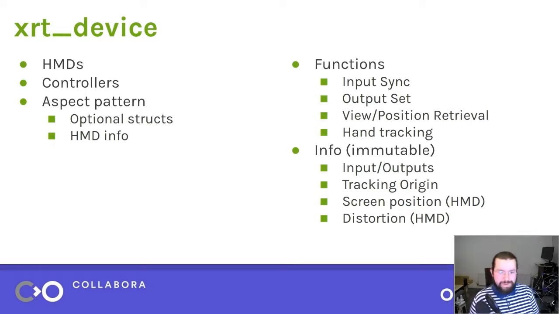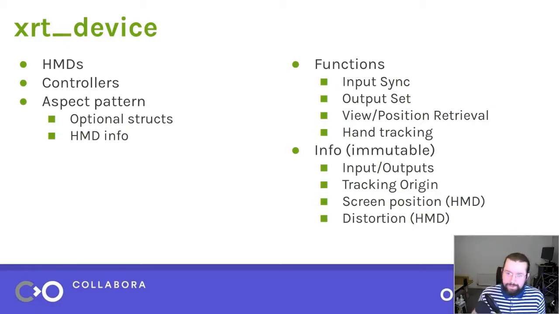It uses more of an aspect pattern instead of the regular inheritance model like you would expect from Java. So a device can be an HMD and also have inputs. It could have hand tracking and be an HMD, or it doesn't have to be an HMD. They just have different aspects that they can implement.